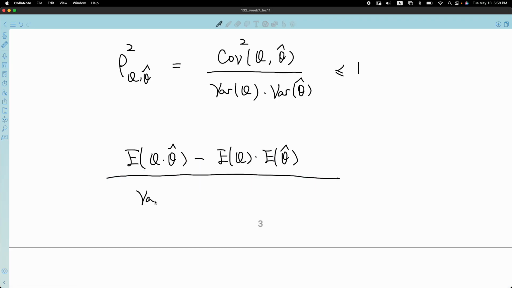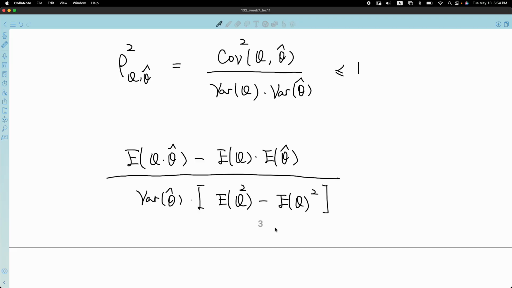I'm going to leave the variance of theta hat as itself, and for the variance of Q, I'm going to write it as the expected Q squared minus the square of the expected Q. This is just applying the definition of the variance: the second moment minus the square of the first moment.